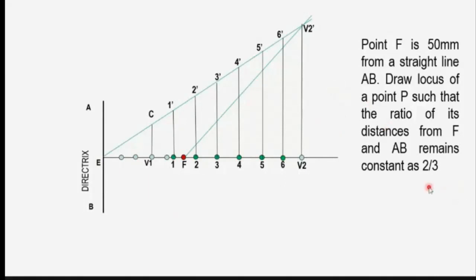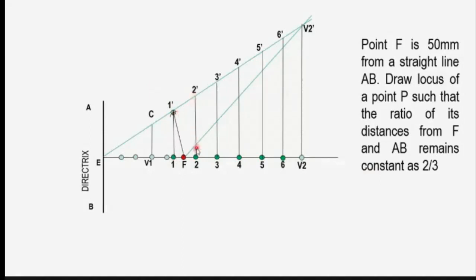Now comes the important part. Take 1 1 dash as radius, F as center, draw an arc which cuts the line 1 1 dash at some point. Call it P1.